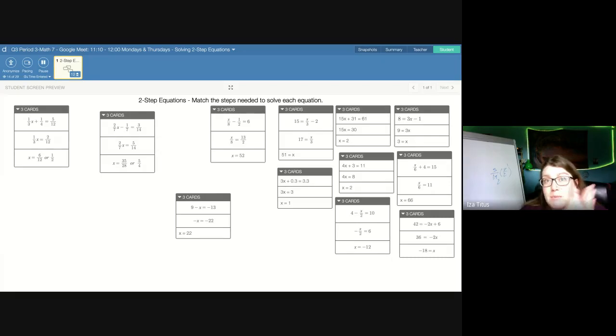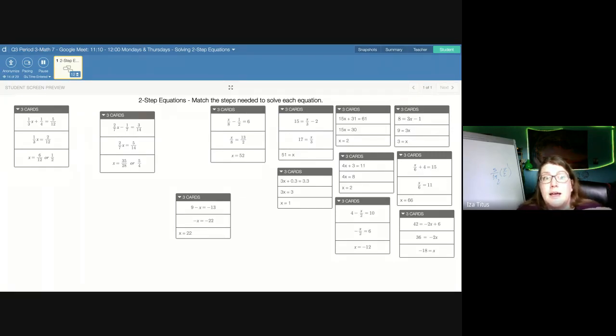You have to do the same thing to both sides. On the worksheets too, and on quizzes or anything, you have to do complete solution check for full credit. I'm going to keep giving you keys. Tomorrow I'm not giving you a new worksheet, so you have time to go back and fix old ones or do old ones if you need to.